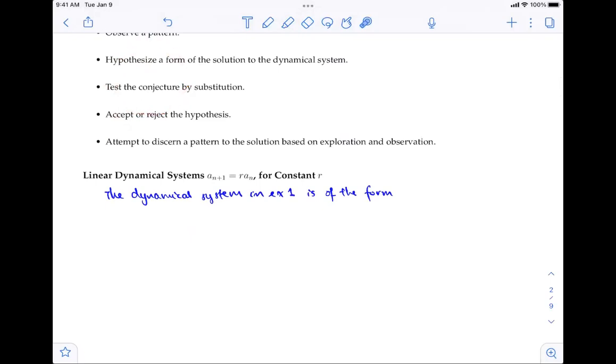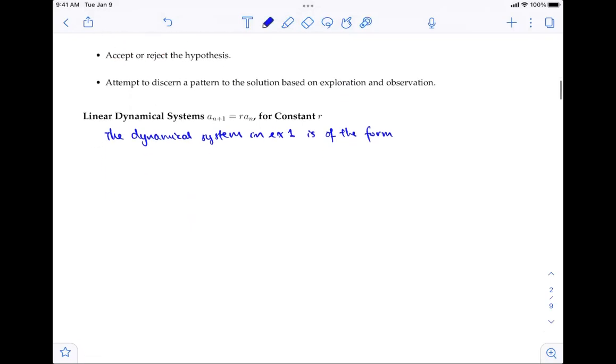So the first step is to observe the pattern, so look for a pattern. And this is what you get, right? So a sub n plus 1 equal to r times a sub n. Right, so in example 1, r is equal to 1.01, but let's not care too much about that value at this point.